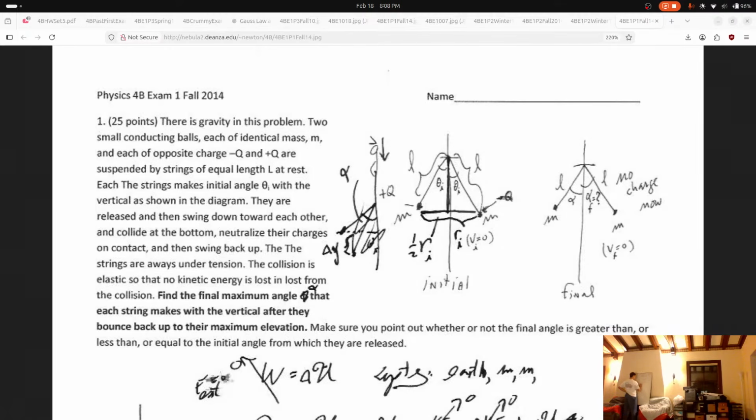This is actually going to be 4L squared sine theta mg. Plus cos theta. I think that's pretty much it. And just take cos.